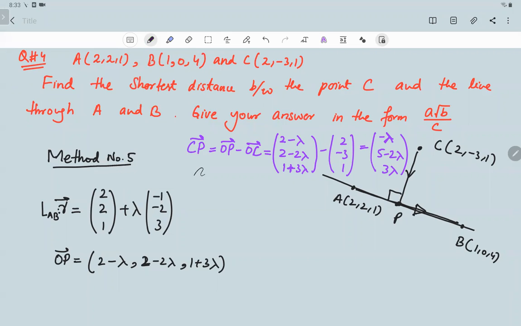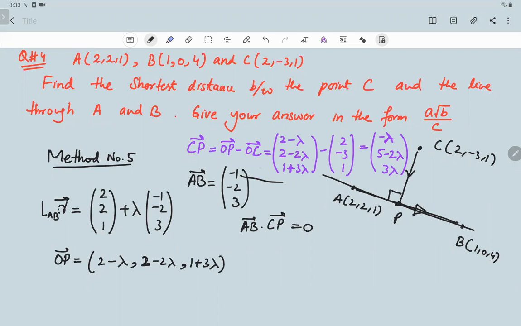Now AB is equal to what? We have calculated AB many times. It's minus 1, minus 2, 3. Now the dot product of AB with CP should be equal to 0. We are in search of that P which makes an angle of 90 degrees with the line.